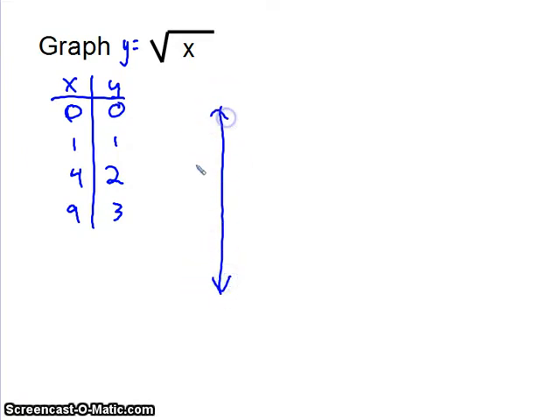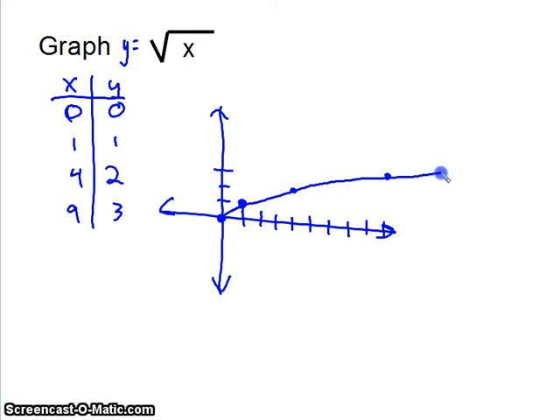So we draw a coordinate plane, perfectly straight lines. 1, 2, 3, 4, 5, 6, 7, 8, 9, and 1, 2, 3. So I got 0, 0; 1, 1; 4, 2; 9, 3. This is what it looks like. Let me keep going like that.